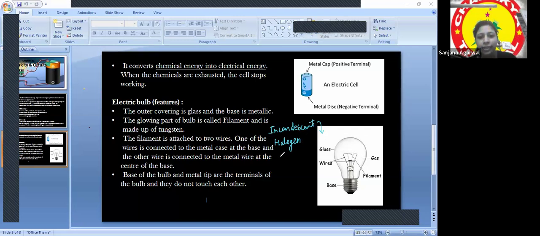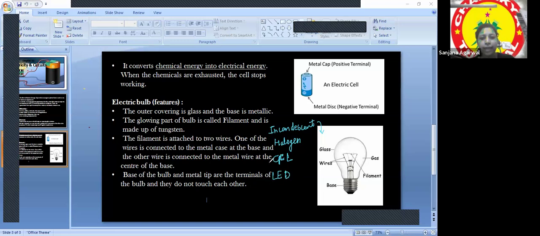Okay. Next came CFL, compact fluorescent lamp. It was again filled with some sort of chemicals which give off light. And later on, now we are mostly equipped with LEDs in our homes, light emitting diodes.